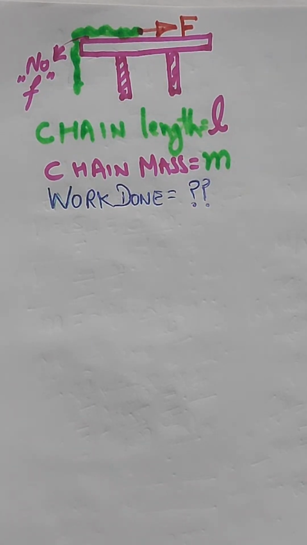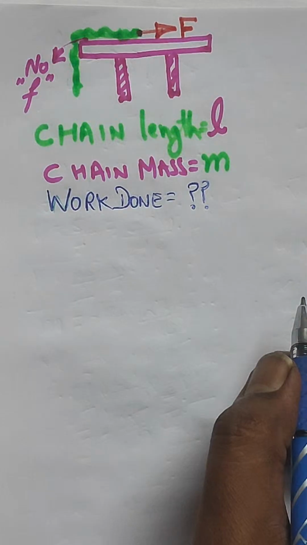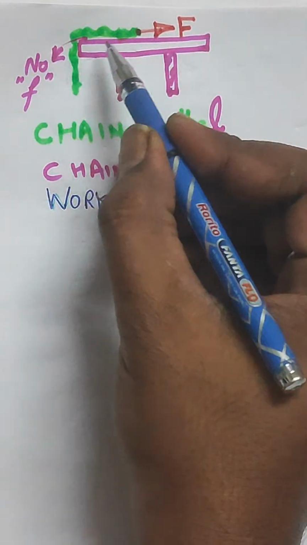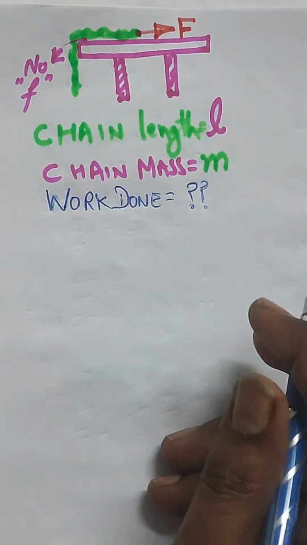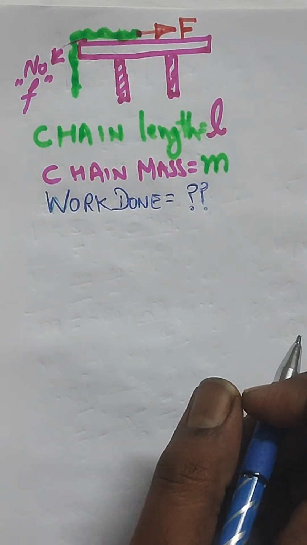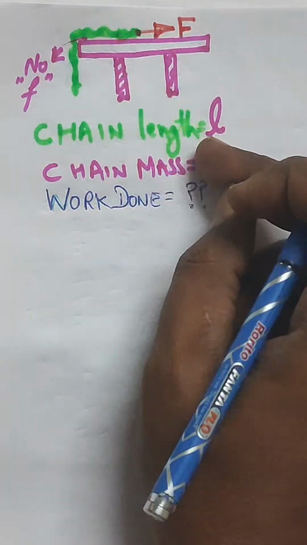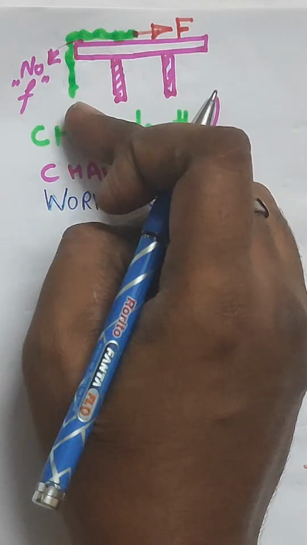So students, in this question, the force required to pull the chain will vary with the distance, right? It is equal to the weight of the fraction of the chain which is still hanging.